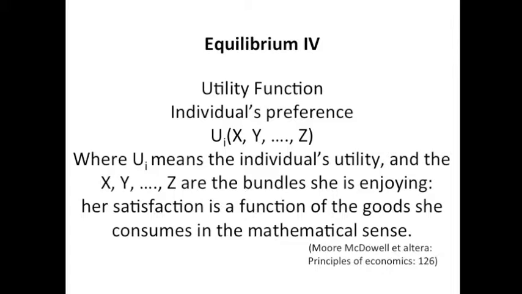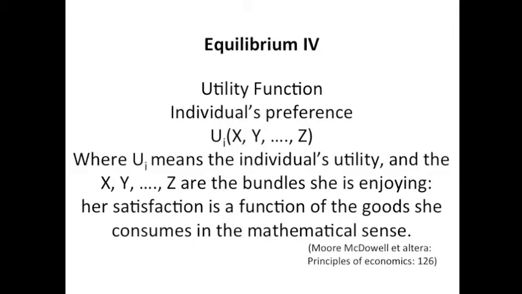But this means that we have 40 or 60 different utility functions. Everybody here in the room has a different understanding, a different preference when it comes to goods. Now, it can mean that half of the class has the same utility function when it comes to one good.